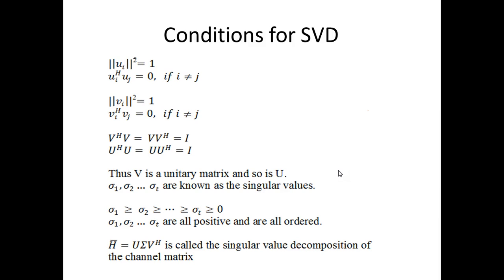V and U matrices should be unitary matrices. Sigma 1, sigma 2 up to sigma T are known as the singular values, and they should all be positive and ordered, meaning sigma 1, sigma 2 up to sigma T should be decreasing, and this order should be strictly followed. If all the conditions are satisfied, then we have the decomposition of the channel matrix as H equal to U sigma V Hermitian.